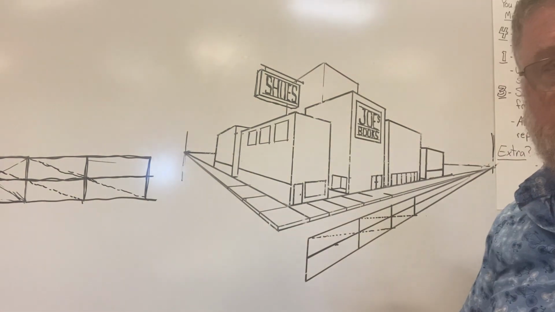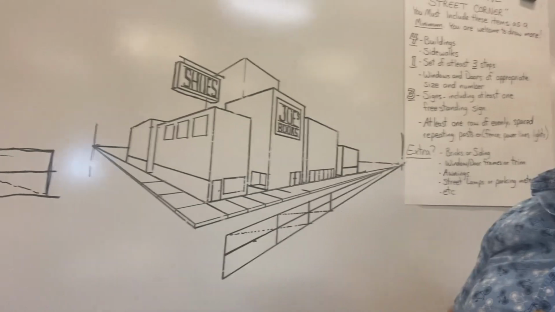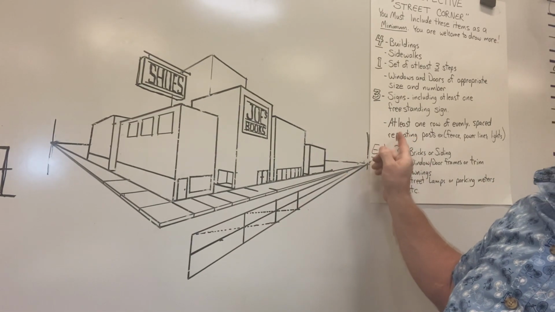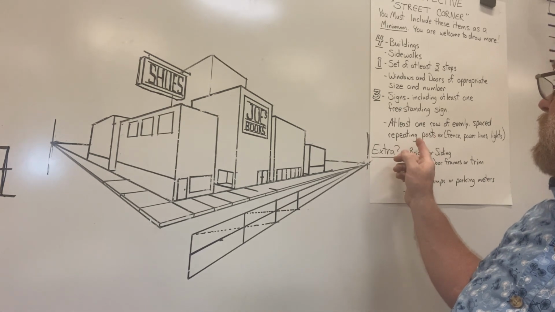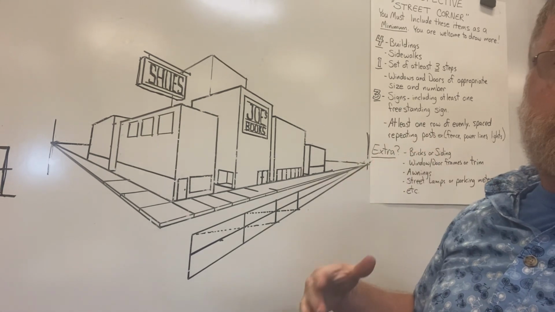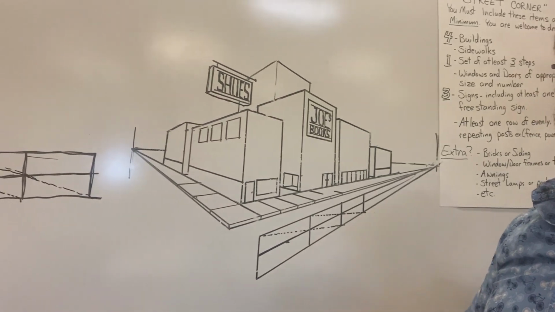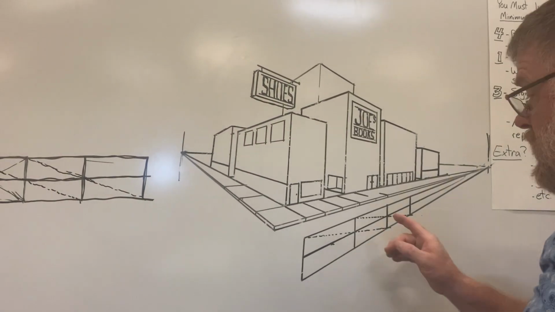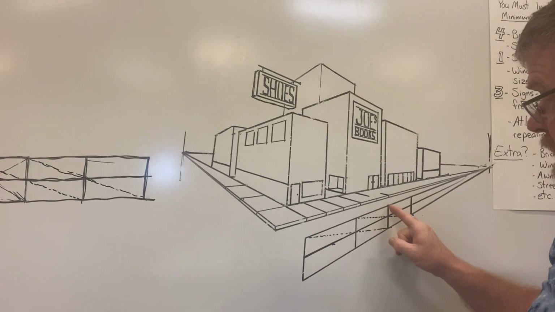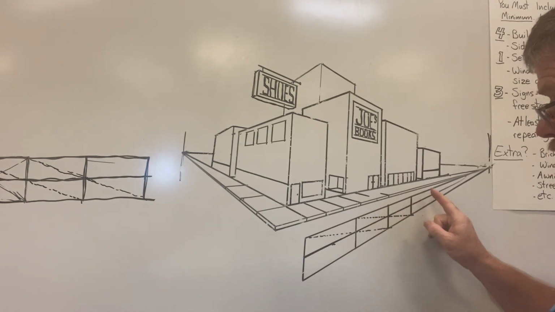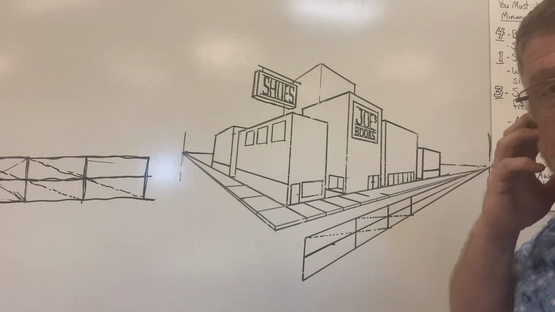So when we say on our list up here, if you remember that, at least one row of evenly spaced repeating posts, for example fence posts, power lines, parking meters, that's how we do it. The next one would be the top of this post through the middle of that post, and so forth and so forth.